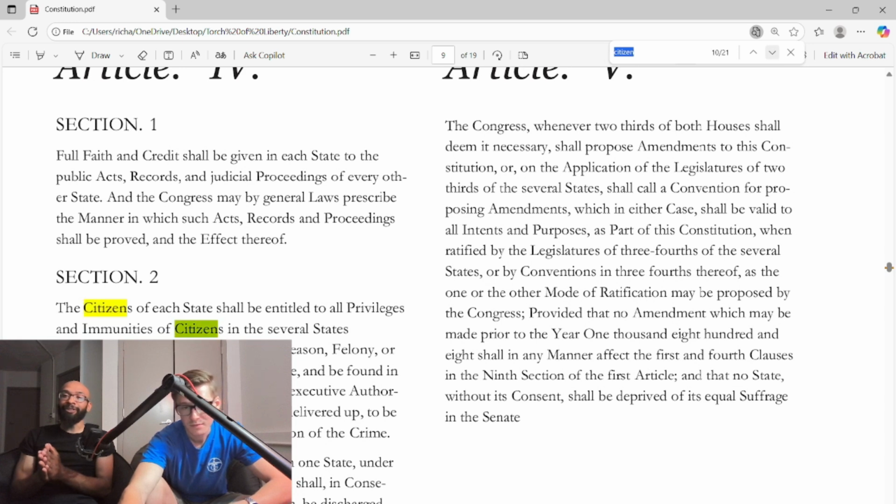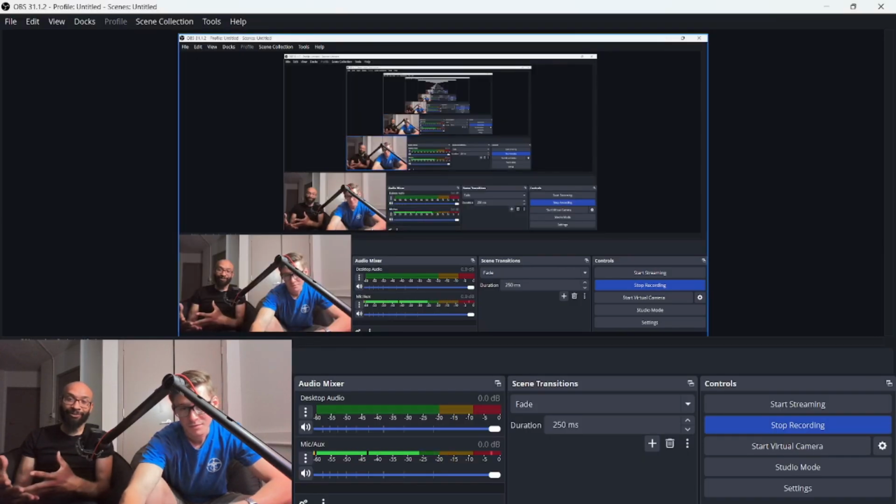So if you want to pull out the technicalities, we are humans with a soul, having a human experience, and we are not citizens. We're Americans.